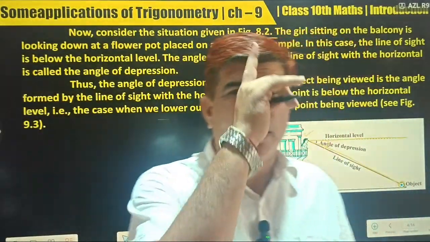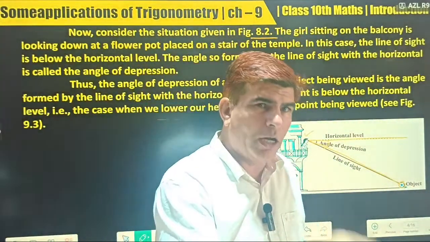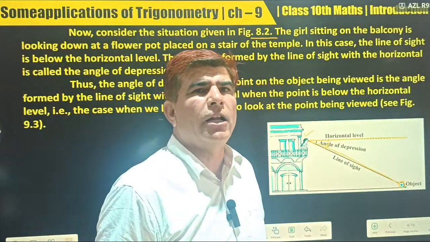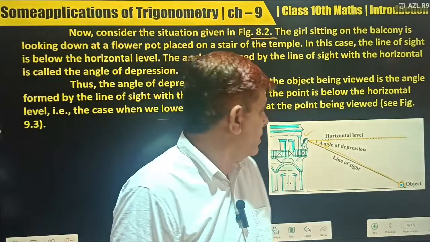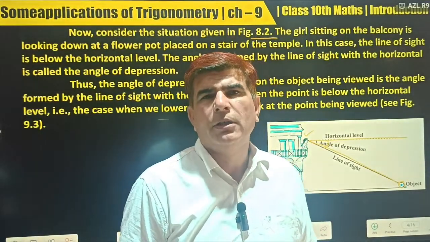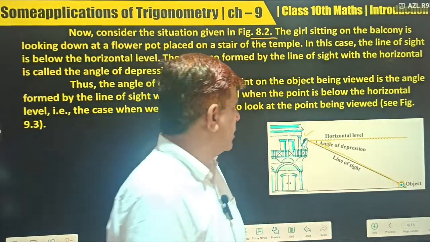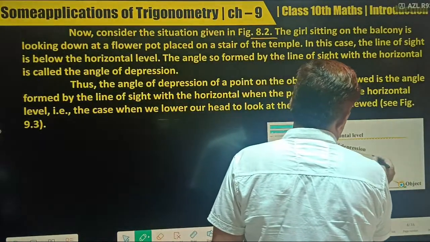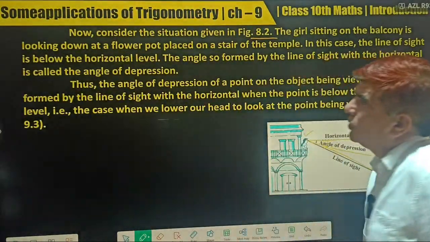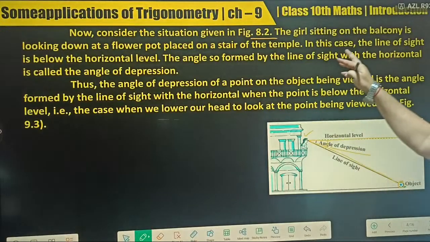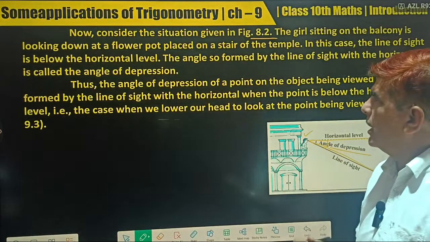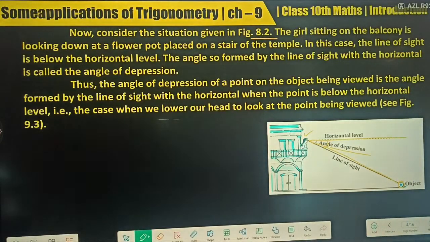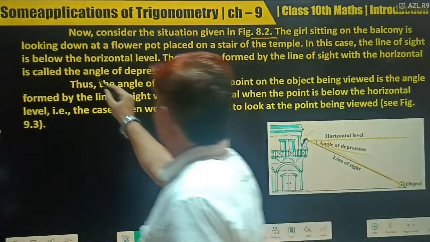If someone is standing on the top and looking downside, the angle formed between the horizontal level and the line of sight is known as the angle of depression. So upstairs at the temple, the line of sight is below the horizontal level, and the angle formed by the line of sight with the horizontal is called the angle of depression.